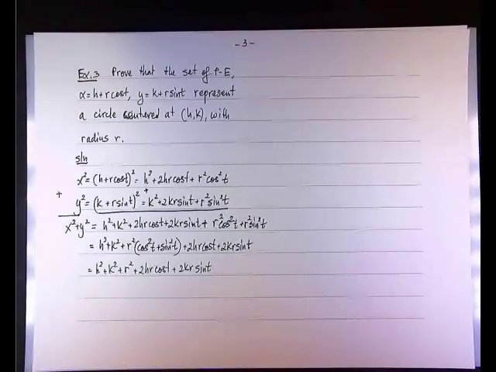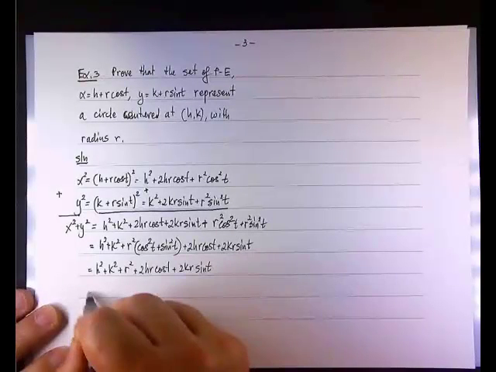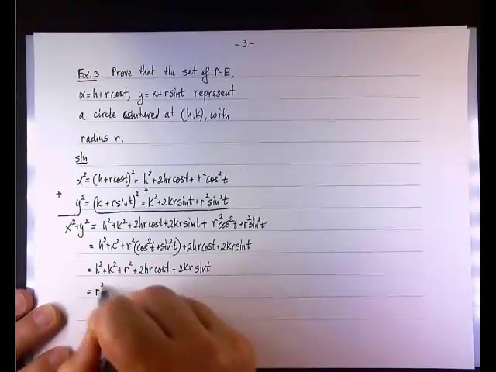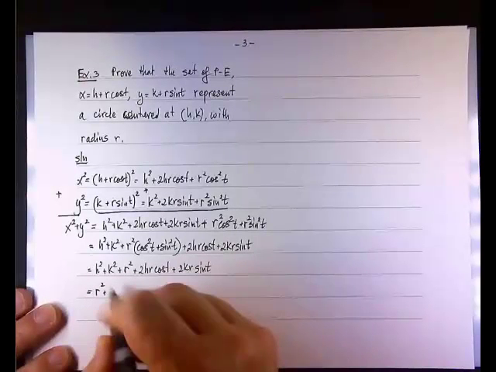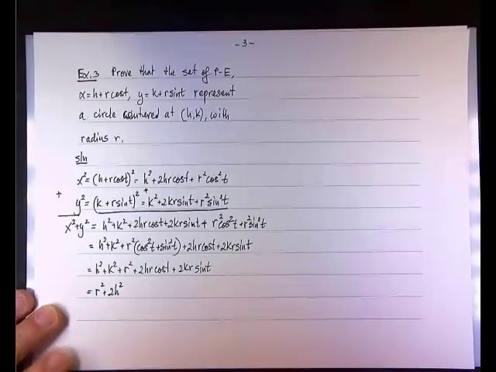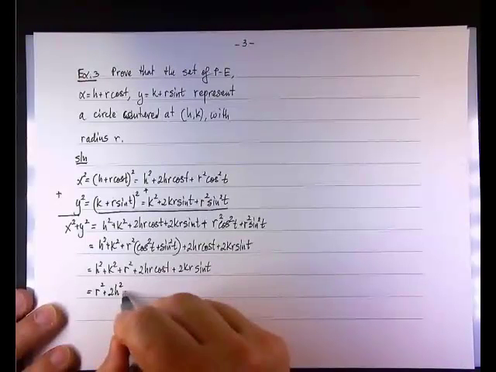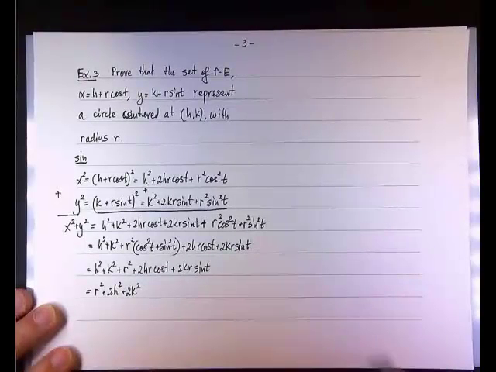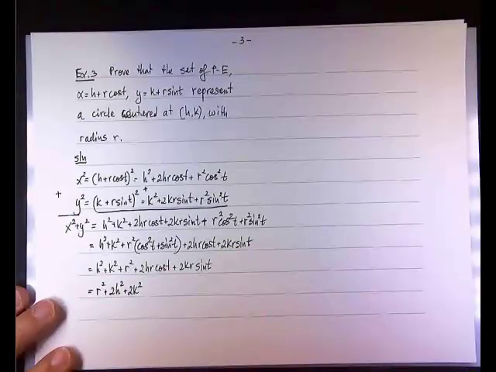And this is what I'm going to do next. Since I can read into the future, I have this ability to look at the future, and I'm going to do something like this. I'm going to first have r squared. And then instead of h squared, I'm going to write 2h squared.